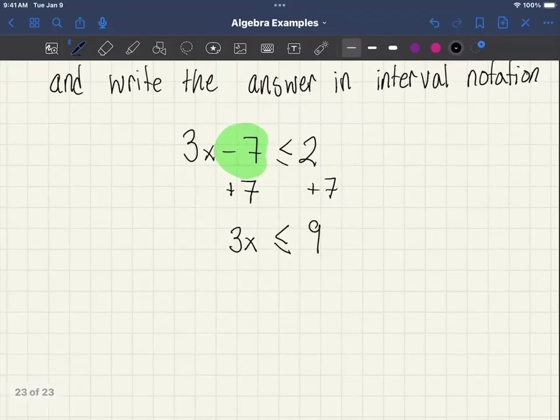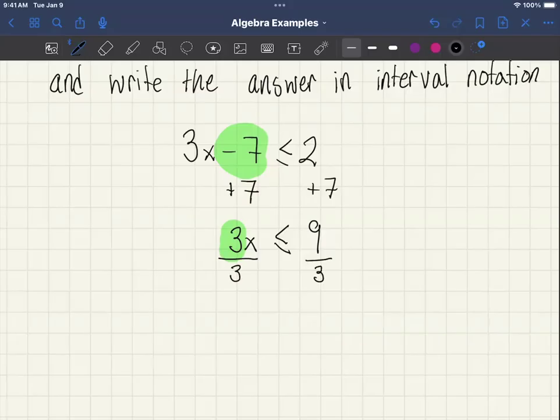All right, next thing that we want to do is get that number that's glued to the x out of there. So that's always going to be the second part. The one that's glued with multiplication or division is always going to be second when we deal with these. Because we were multiplying, we are then going to do the opposite.